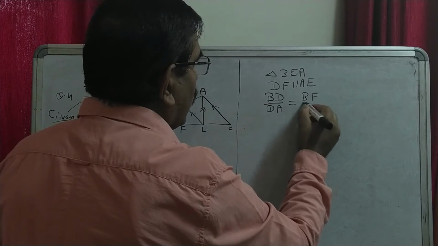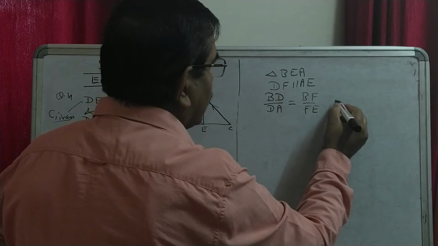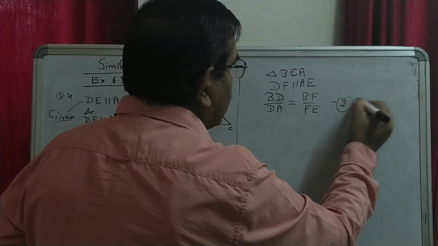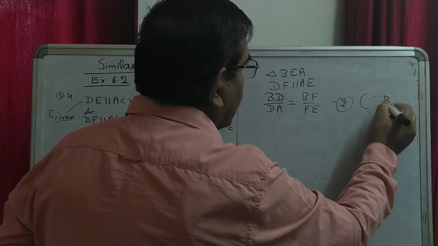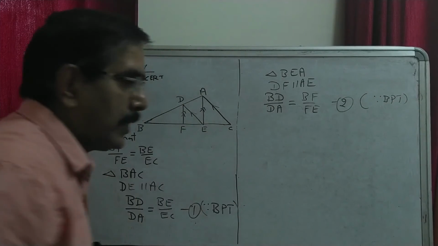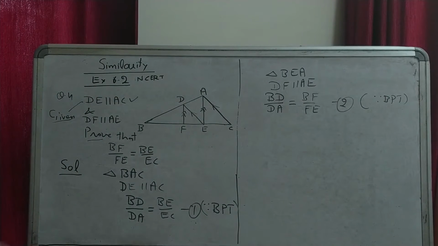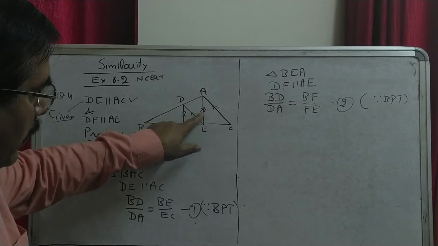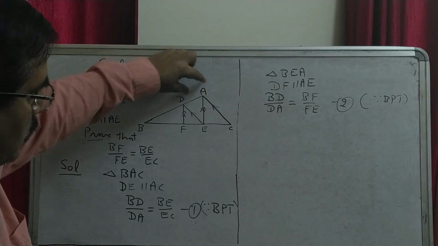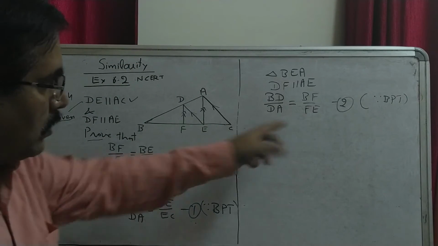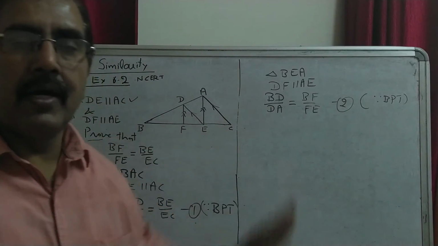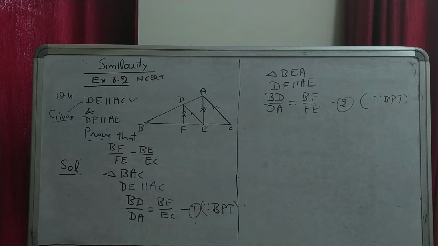This is number 2 result. Again we have taken this result, children, from BPT, right? So again here you see this is parallel to this, so this upon this equals this upon this. So this second result again we have got from BPT.